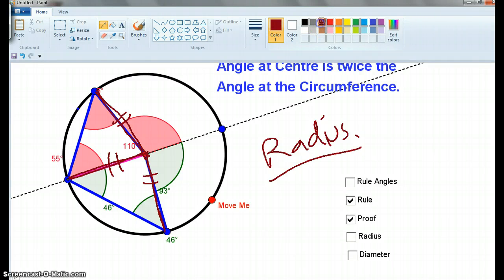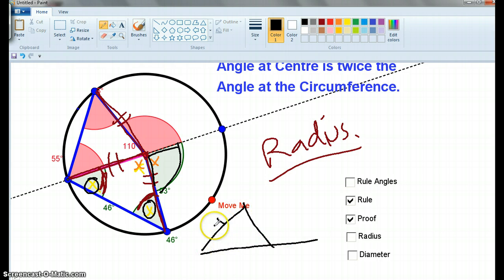Which means that this angle and that angle must be the same. Also, because angles in a triangle, 1, 2, 3, add to 180, and angles in a straight line, this one and this one, add to 180, I also know that if I add these two up, it'll be the same as this. That's actually a triangle rule that we're going to be covering.